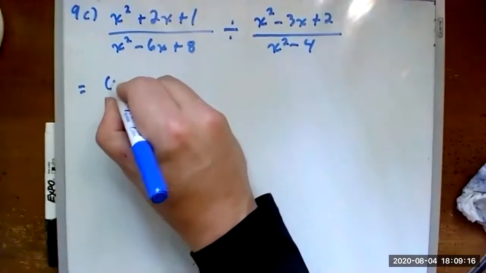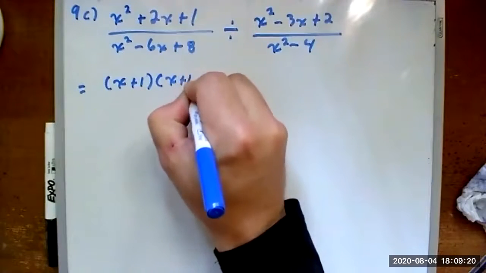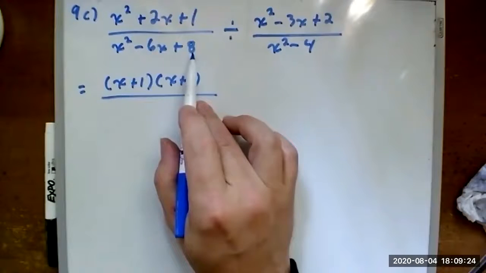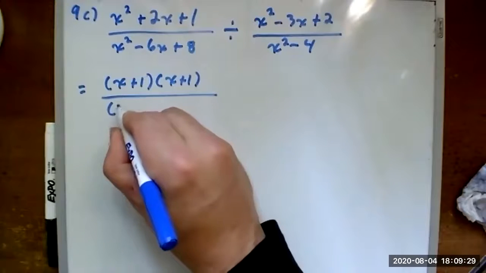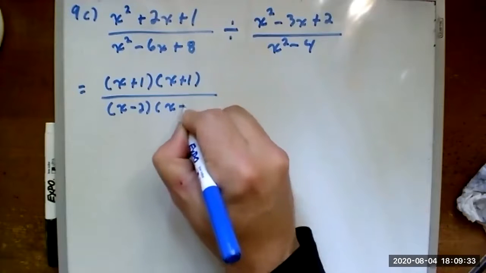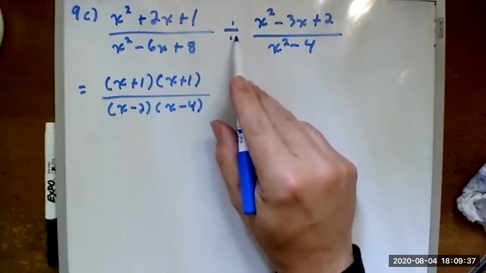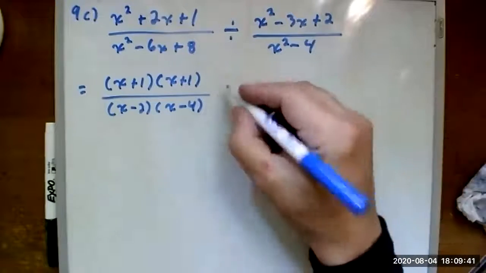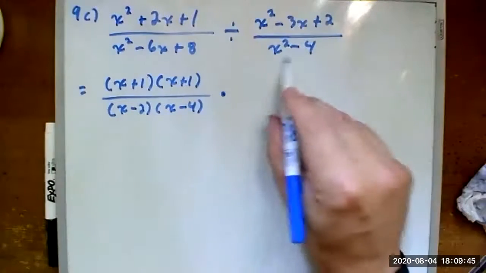So again, we have to factor everything. On top, x squared plus 2x plus 1: what multiplies to 1 but adds to 2? That's 1 and 1, so I end up with x plus 1, x plus 1. On the bottom, what multiplies to make positive 8 but adds to make negative 6? The answers are negative 2 and negative 4. This says divide.